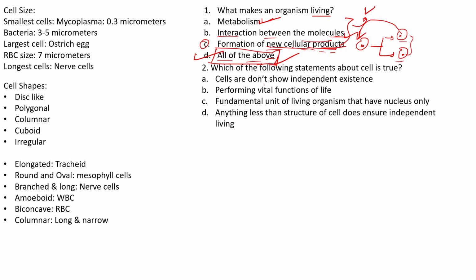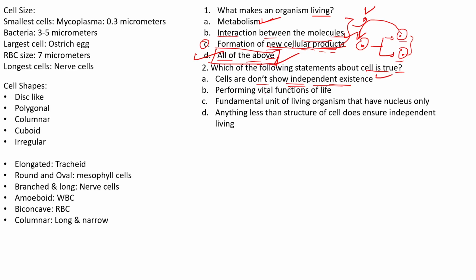They are asking which statement about the cell is true. Cells do not show independent existence. In the first part of our discussion, we specifically mentioned that cells must have independent existence, right? If they don't have independent existence, they cannot survive.